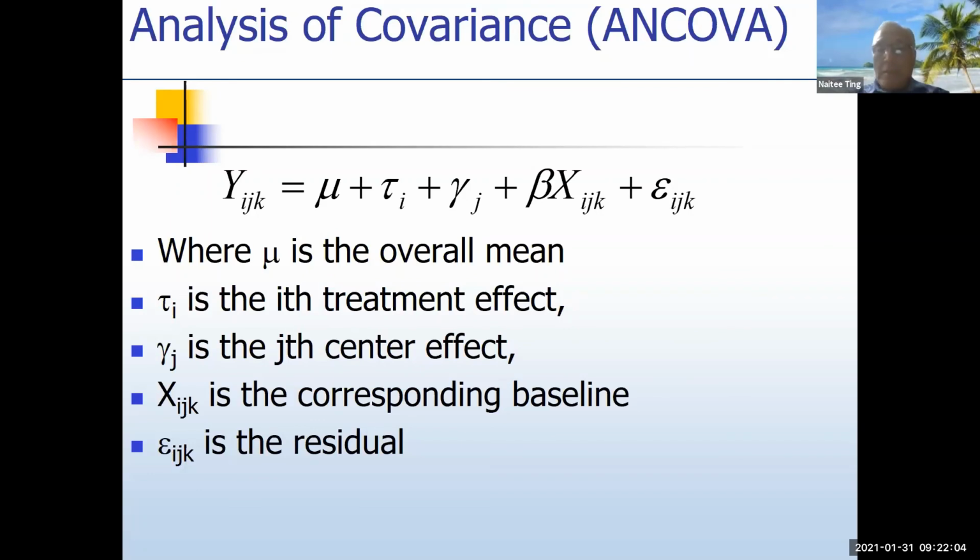Now, the fact is that at the design stage, you didn't see the data. What if you see an interaction after the blind is broken? Then you perform treatment by gender interaction as an exploratory analysis or as a sensitivity analysis. But that's not your primary analysis, because at the design stage, you don't anticipate there's interaction.